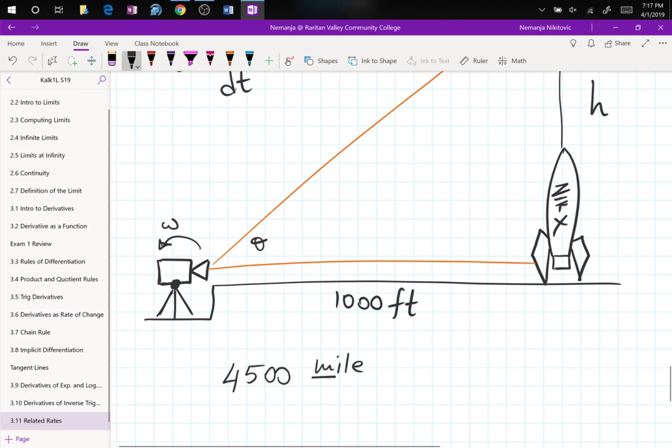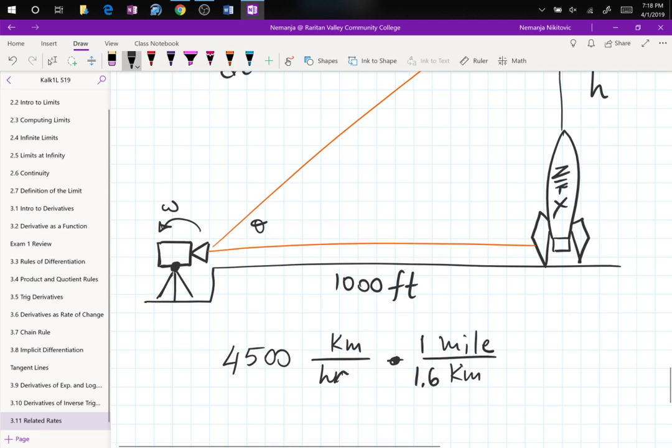Miles per hour. Now we need to transform this. Kilometers per hour is given, so we want to kill the kilometers and leave it in miles. Now 1 mile is 1.6 kilometers, so we need to divide this number by 1.6.